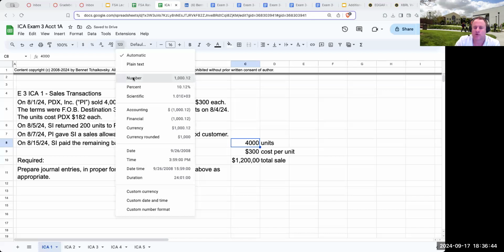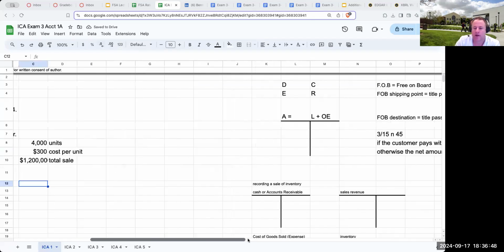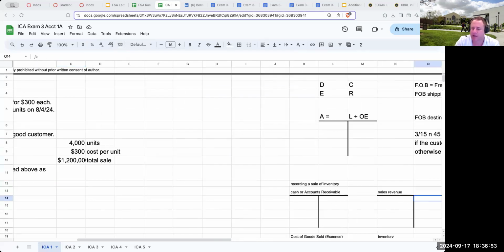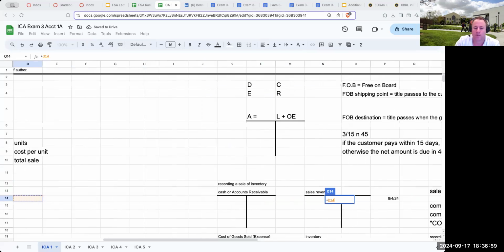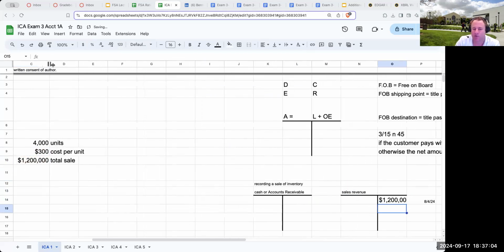Okay. So when I'm recording the sale, I'm going to credit sales revenue on 8/4/24 for $1.2 million. Because remember, when I have a sale or revenue, I'm going to record that with a credit.